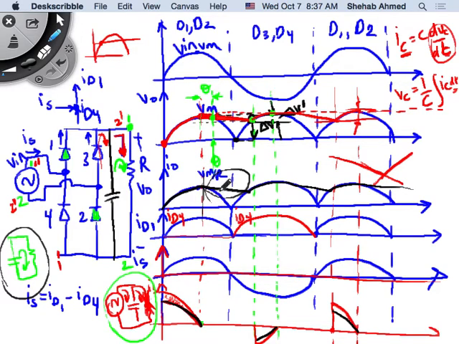The capacitor was initially being charged, and now it is actually feeding the resistive load. So initially the capacitor was being charged here, and then the capacitor current is flipping direction to feed the resistive load.